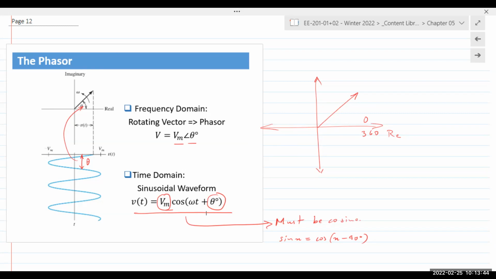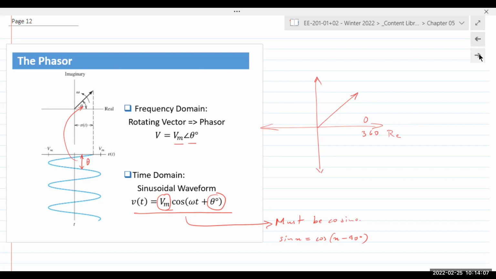So it would become cos omega t minus 40. So the expression has to be in cosine format. All we do is subtract 90 degrees from the phase angle. And we'll see that in the example.